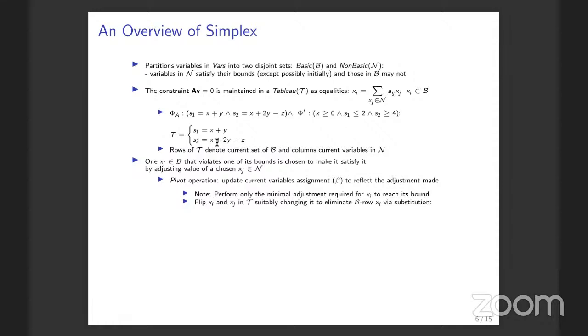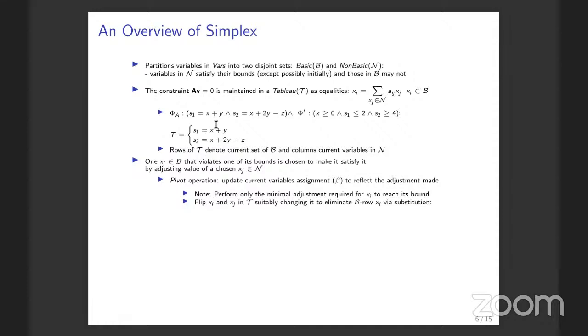For example, that can be done by increasing x to 4, bumping it from the current assignment, which was 0. And after that, you flip xi and xj. That is, you make s2 a non-basic variable, and x, which was a non-basic variable, a basic variable.